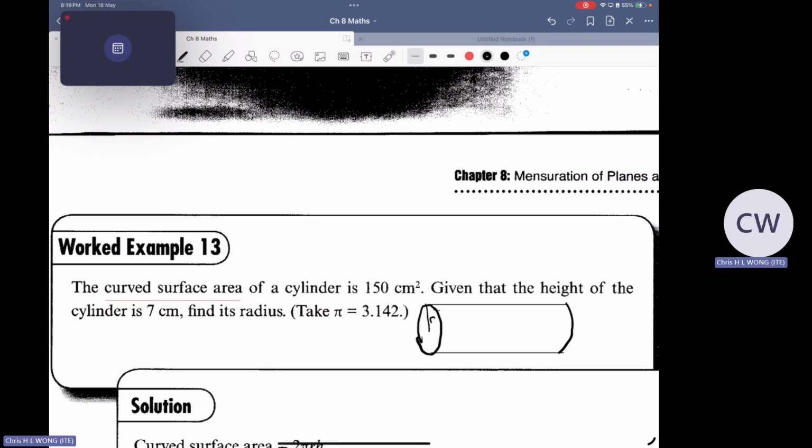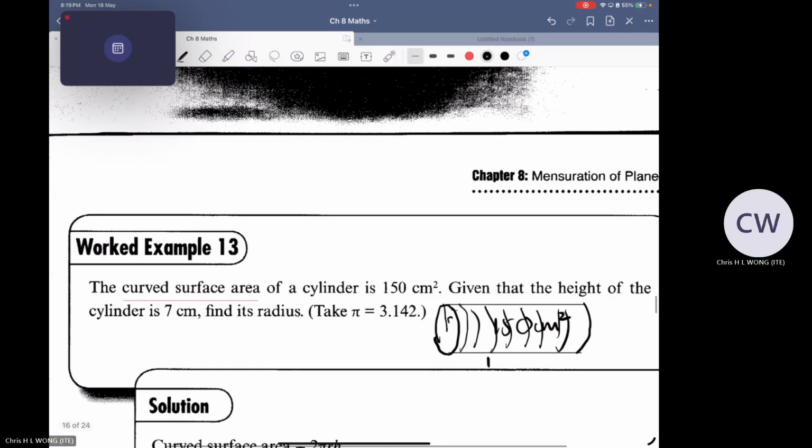Given that the surface area is 150 cm squared, and the height is 7 cm, from here to here. You're supposed to find the radius here.